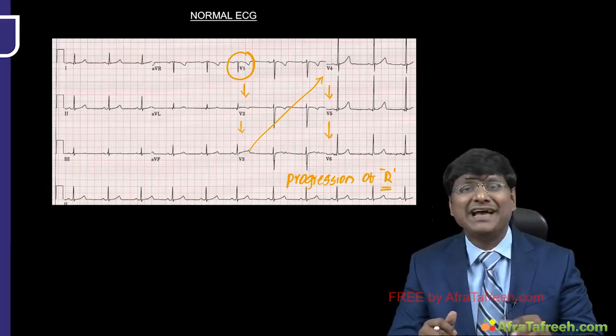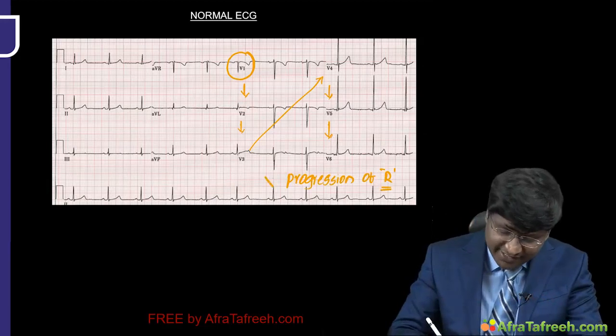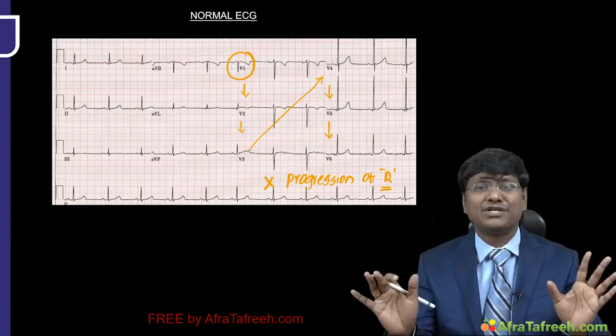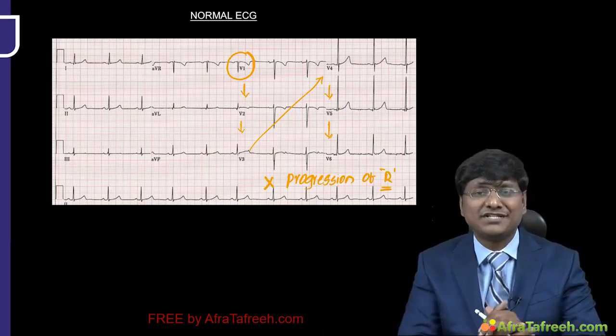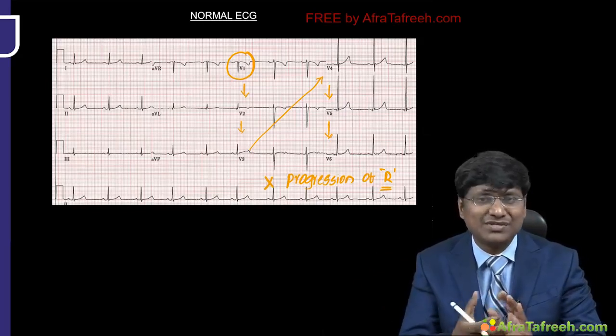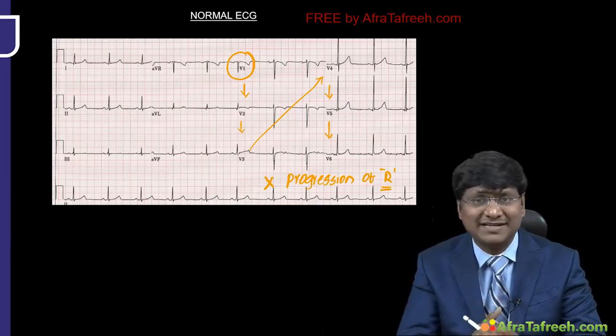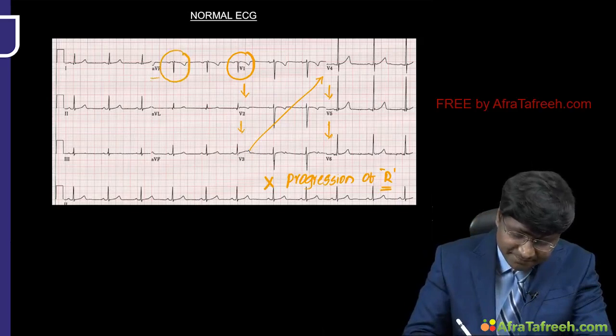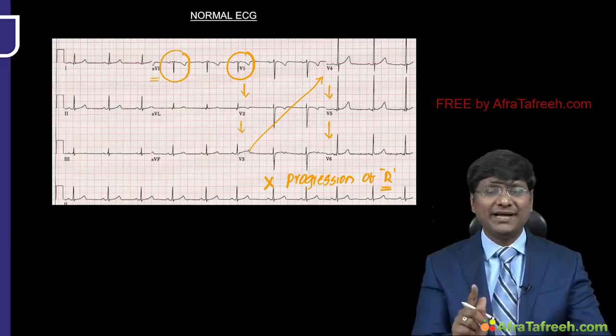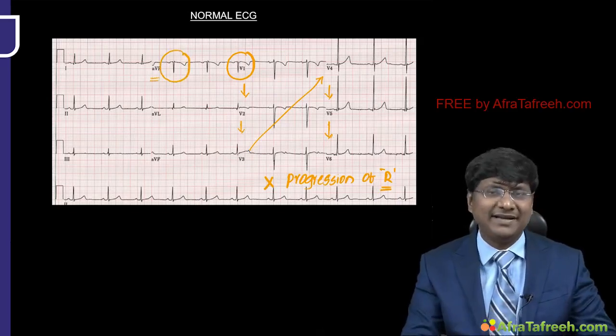But we have some conditions where there is poor progression of the R wave. What are those abnormal conditions? We will discuss. Third important abnormality: you take AVR. In lead AVR, you don't have a positive complex. It's a completely negative complex.